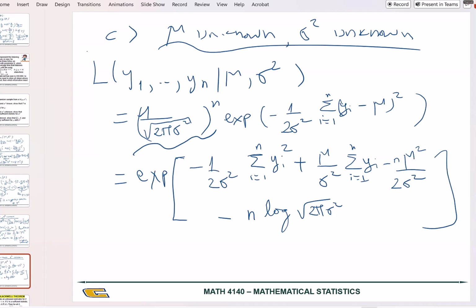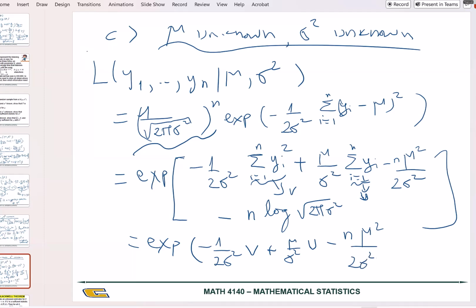If you denote the summation of the second order by v and the summation of the first order by u, you can rewrite it as exponential of negative 1 over 2 sigma square times v plus mu over sigma square times u, subtract n mu square over 2 sigma square, and subtract n log of 2 pi sigma square.